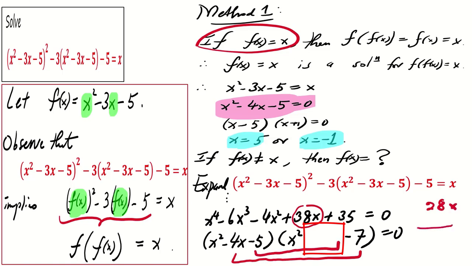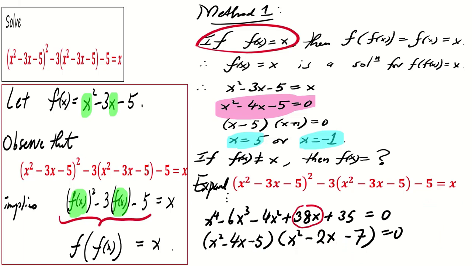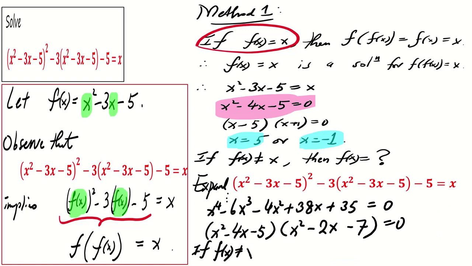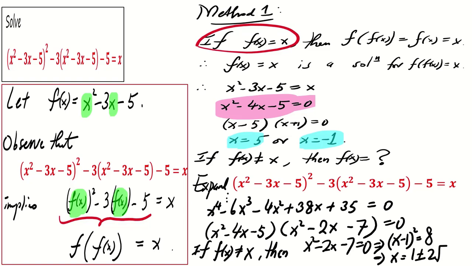And hence, using a bit of calculation, we know that the missing term in x is actually negative 2x. And we can verify this by looking at the term in x squared. After all the checking, if f(x) not equals to x, then x squared minus 2x minus 7 equals 0. By completing the square, (x minus 1) squared equals 8, and therefore x equals 1 plus minus 2 square root 2. This is the end of method 1.